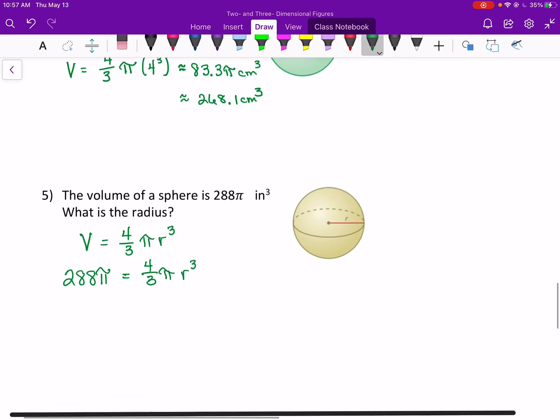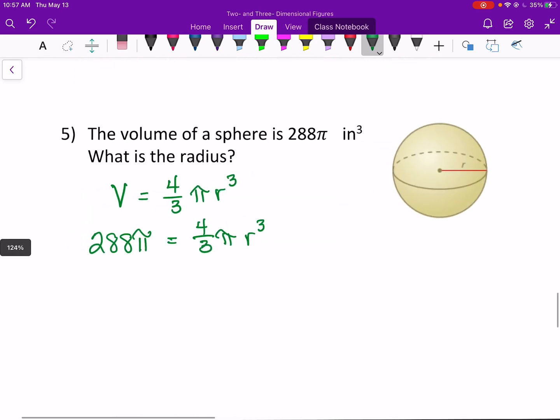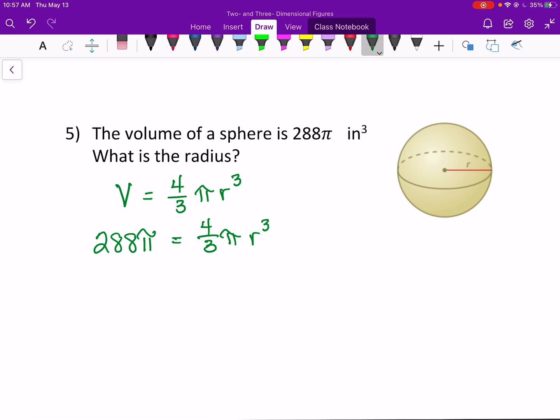So plug in what you know into the formula, and let's undo. We're solving for r, so we're going to undo this equation in a sense. To get rid of multiplication by 4/3, remember we're going to multiply times the reciprocal.